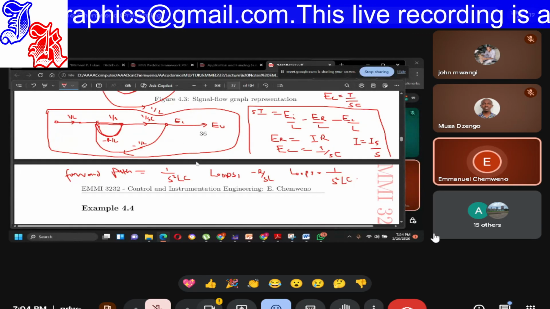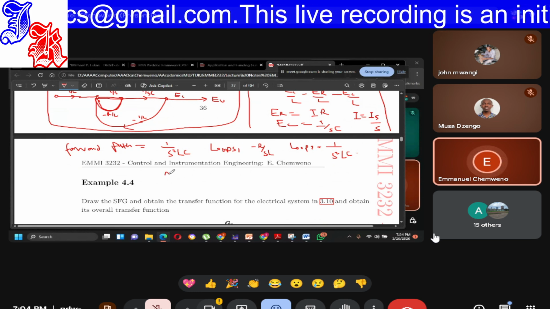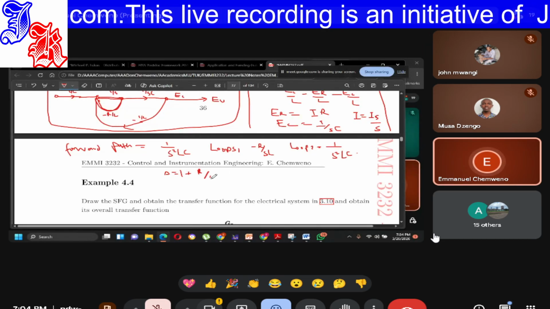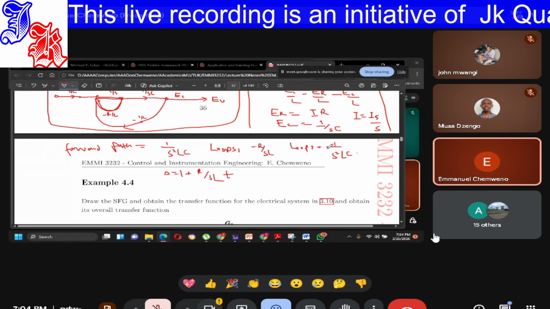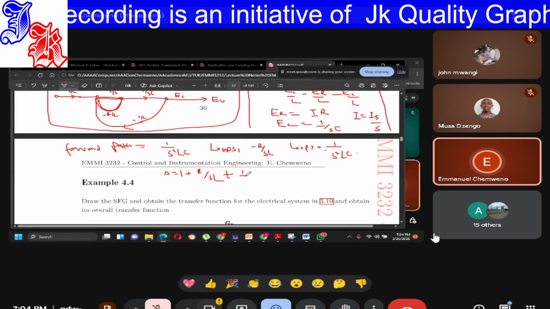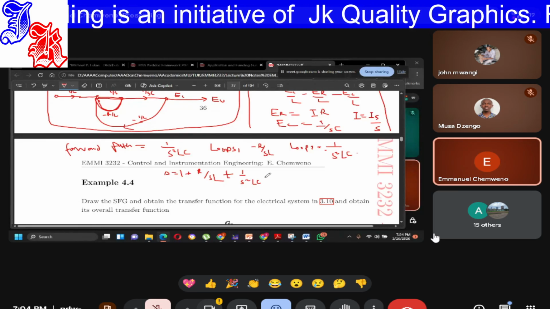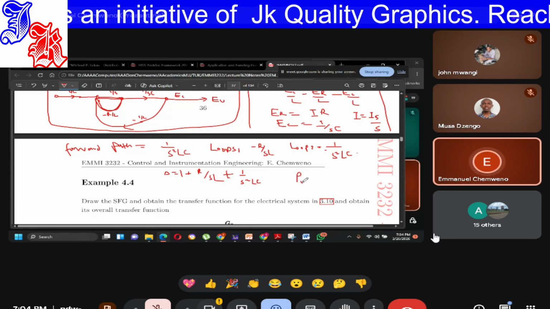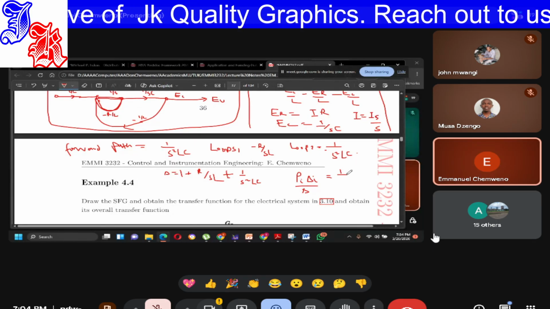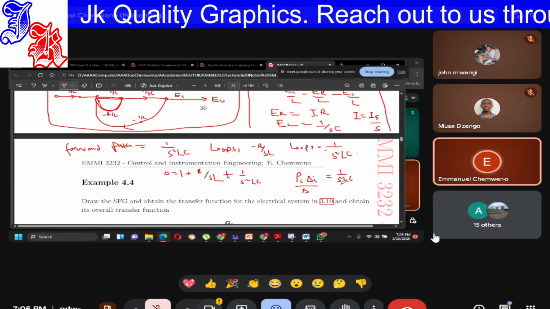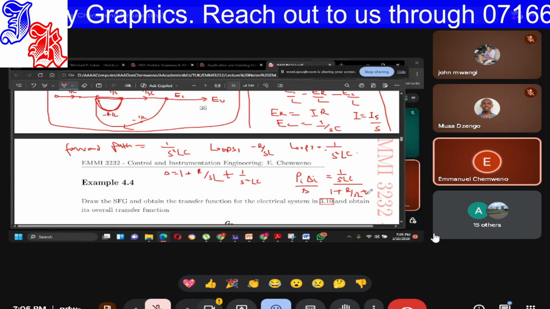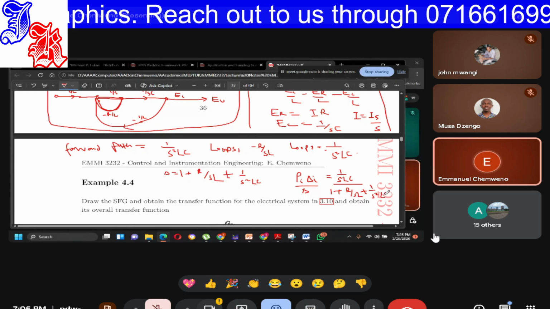And these loops touch. So the determinant is equal to 1 minus individual loops, which is 1 plus R over SL plus 1 over S squared LC. So path 1 delta 1 over determinant is equal to, the path is 1 over S squared LC over 1 plus R over SL plus 1 over S squared LC.